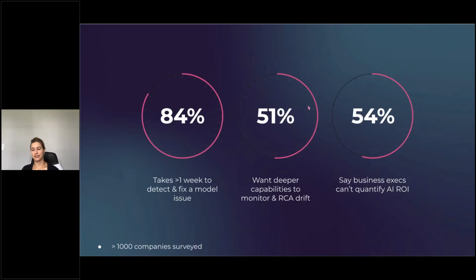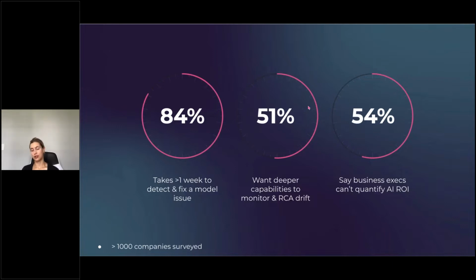Having over a week where your customers are experiencing this issue, taking over a week to figure out where the issue is and how to fix it, is a lot of troubleshooting, and it's not really conducive to the machine learning work that you were hired to do.